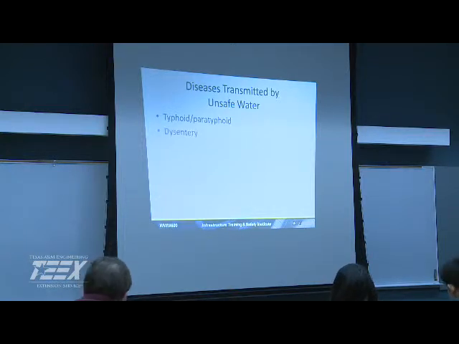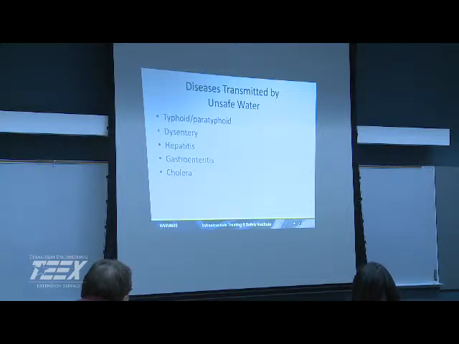Different types of diseases. Luckily, we don't see a lot of these anymore. One of the big ones that happened recently, a few years back, was Haiti. They had the big earthquake down there, and you had fatalities from buildings collapsing and stuff, but the biggest cause of the fatalities that they incurred was cholera.